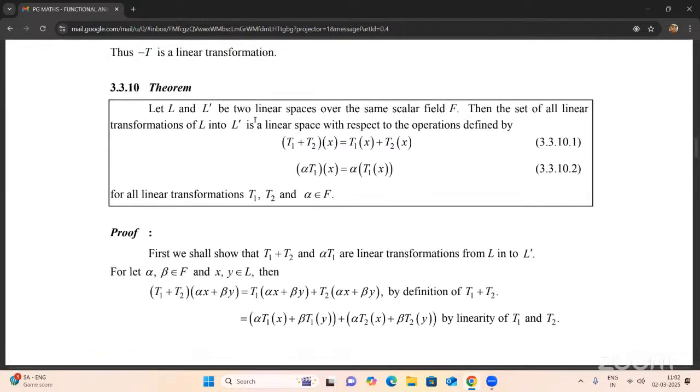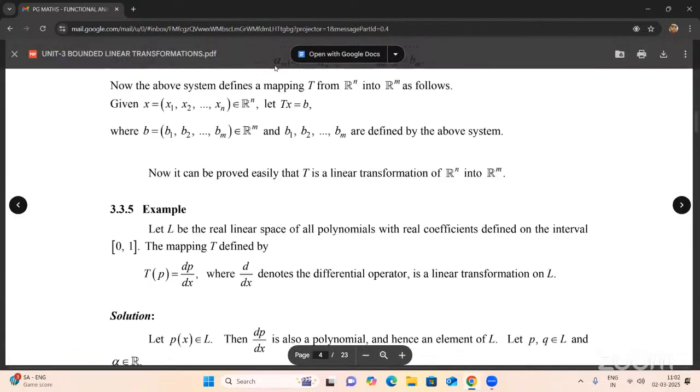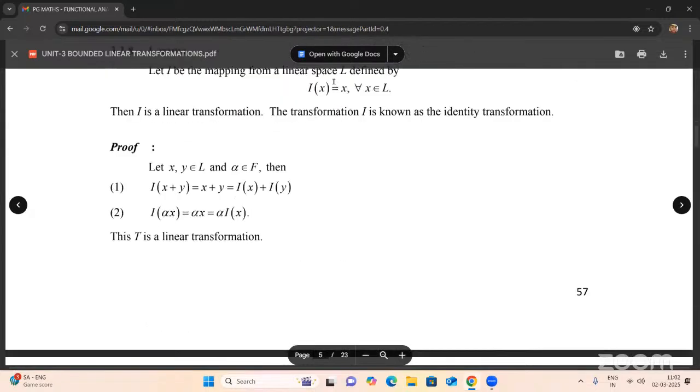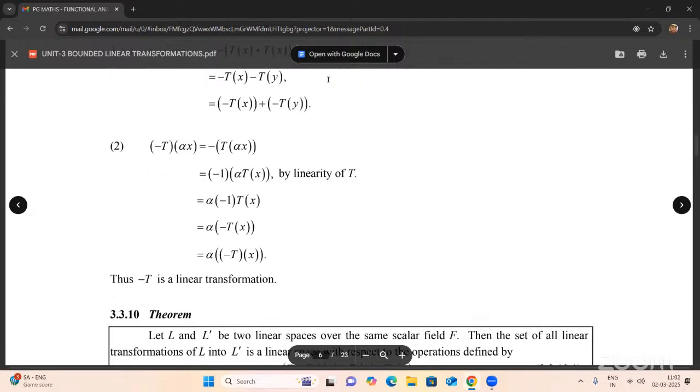In the same manner, already we have explained that the differential and integral operations are also linear transformations through the definition of a linear transformation. Now this is one of the important concepts of linear transformations.